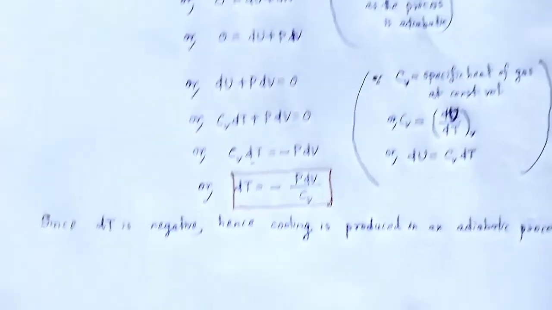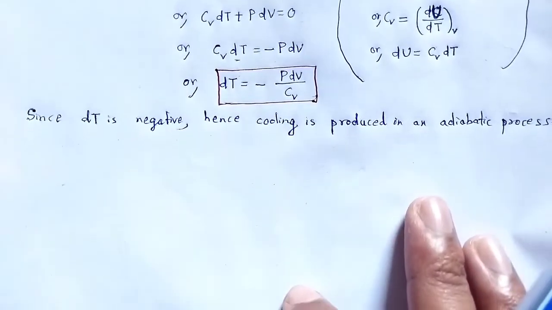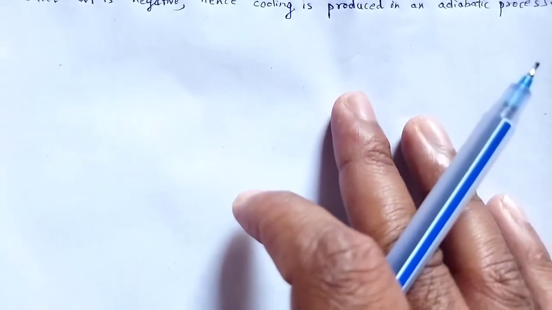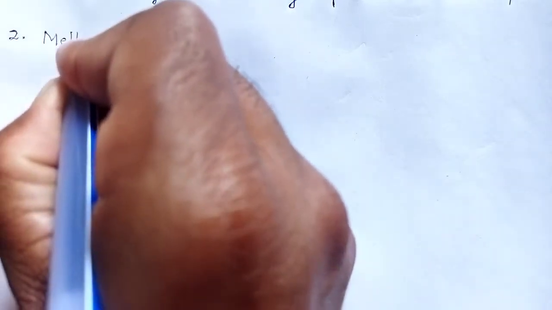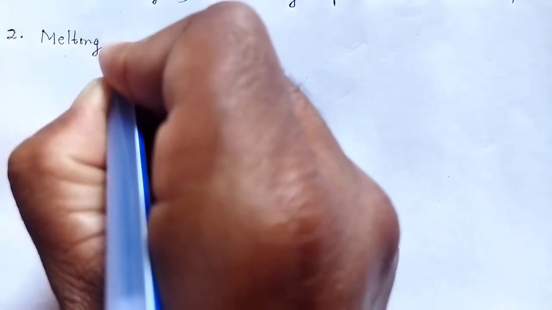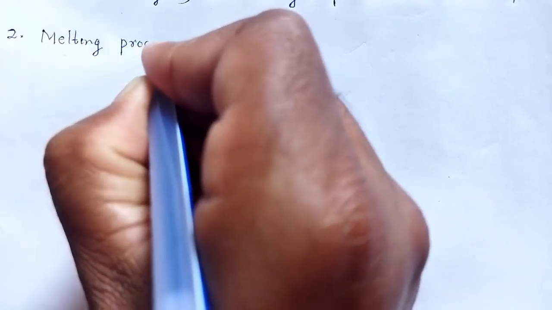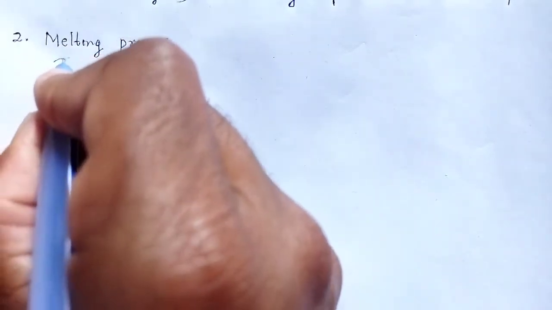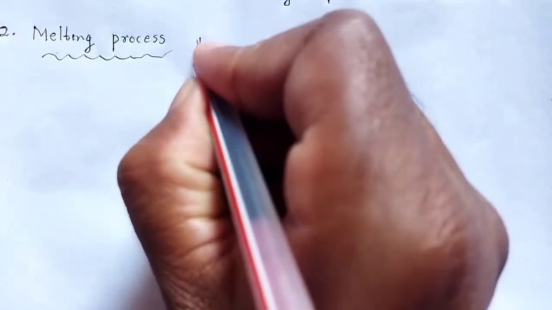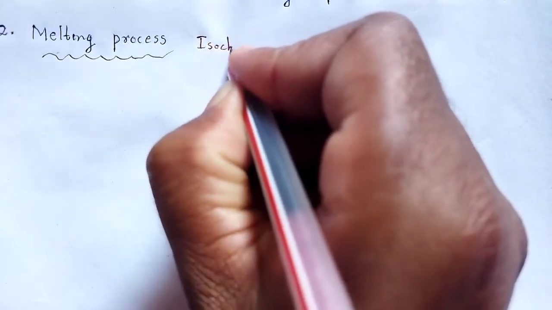Again, another application of first law of thermodynamics to another thermodynamic process. Let me take another thermodynamic process, the melting process. And here we take the system or the process throughout as an isochoric process.